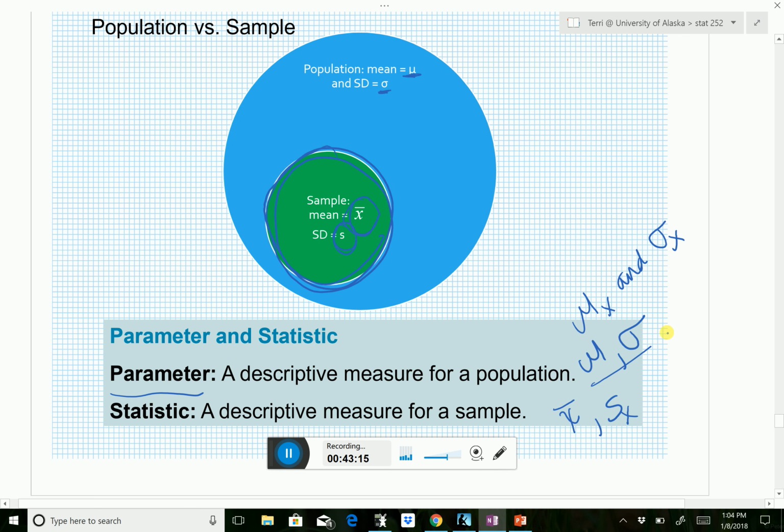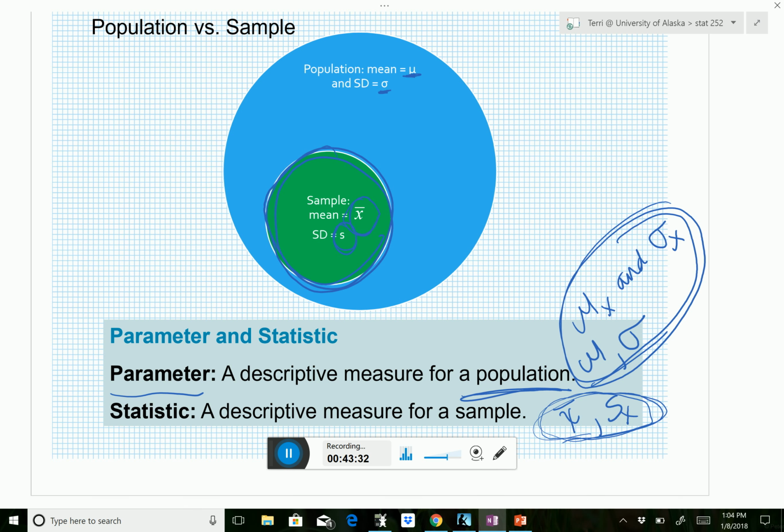If there's no confusion, we just call them mu and sigma. Statistics are information about our sample. Parameters are information about a population. So if you hear a football statistic, the number of yards somebody's run for this season, technically that's a parameter, not a statistic, because it's using the entire population. Just one of those things.